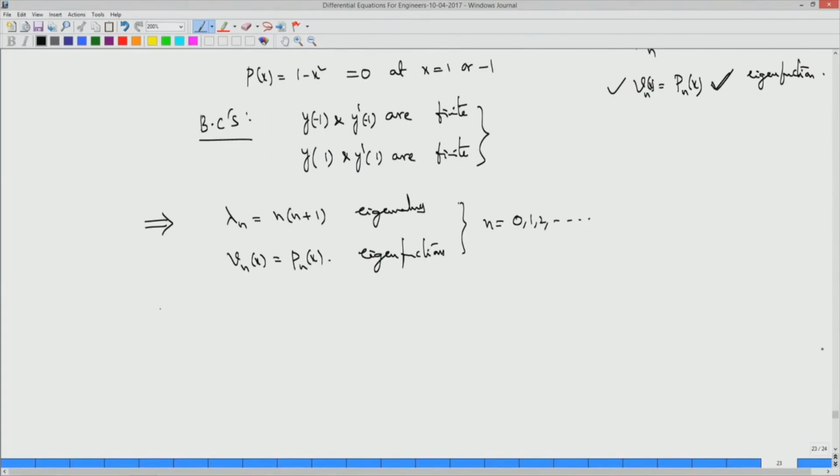So, you can say as a note, since lambda minus n's for n from 1, 2, 3 onwards are nothing but lambda 0, lambda 1, lambda 2 and so on, these are here.